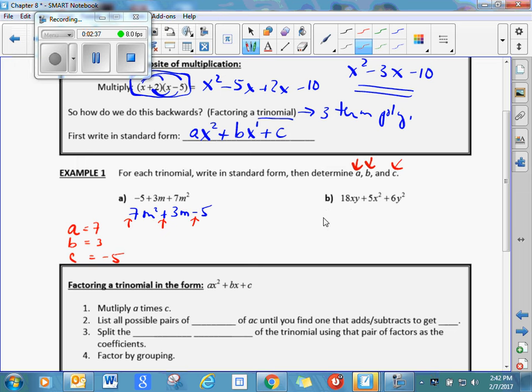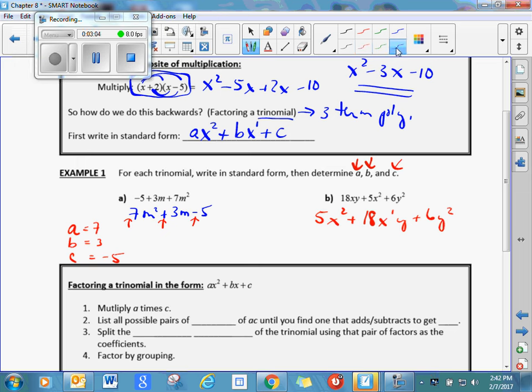In the second example, this one is a little interesting because you've got both an x squared and a y squared. When that happens, generally speaking, you go in alphabetic order. So x comes before y in the alphabet, so we're going to put the x squared term first, then the x to the first term, and finally the constant term is this one that has absolutely no x's in it at all.